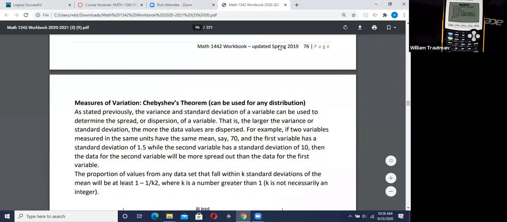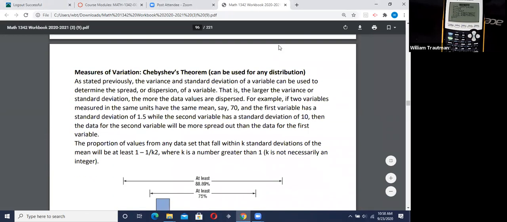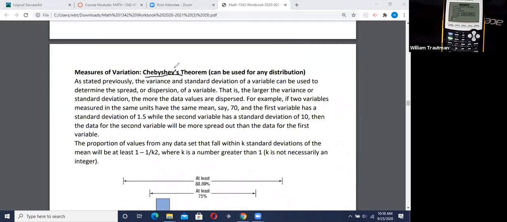All right, this is the next one. This section is a little bit confusing. We're going to do measures of variation using Chebyshev's theorem. So we're still measuring variation, but we're using Chebyshev's theorem.